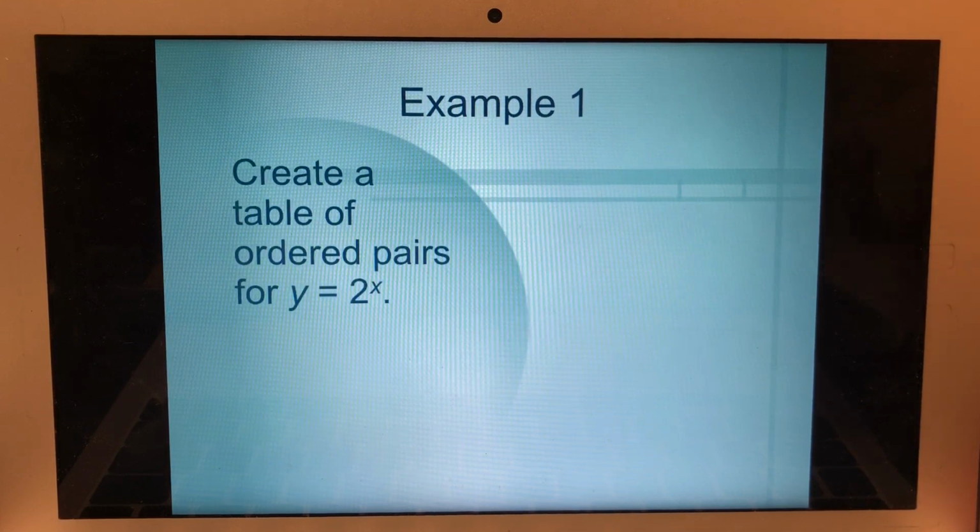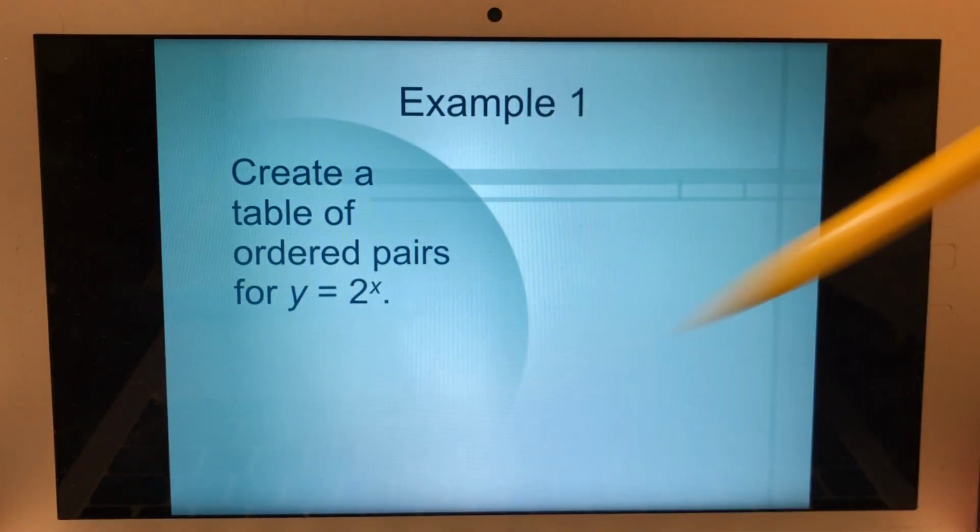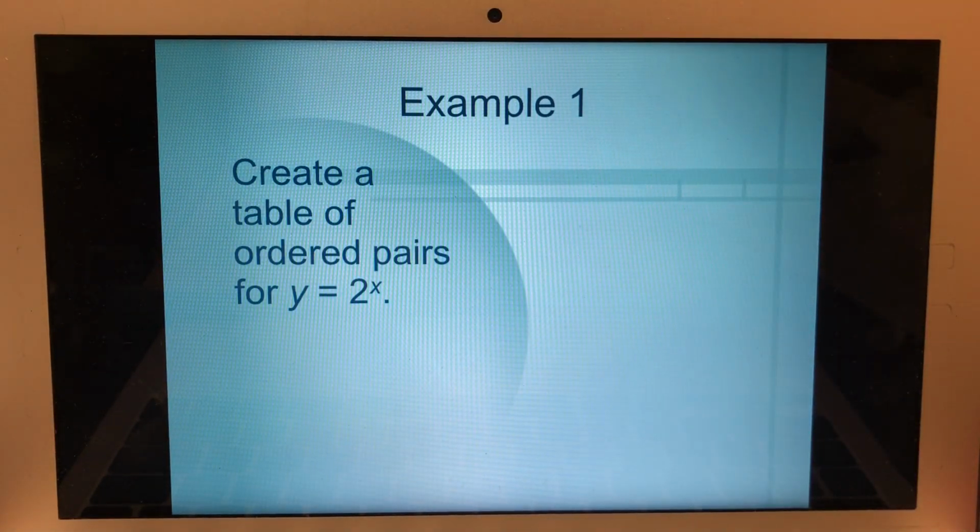All right, let's take a look at a first example here. Okay, so this is the example on page 350 in your textbook. It says create a table of ordered pairs and graph each function. So we have this equation y equals 2 to the x power.